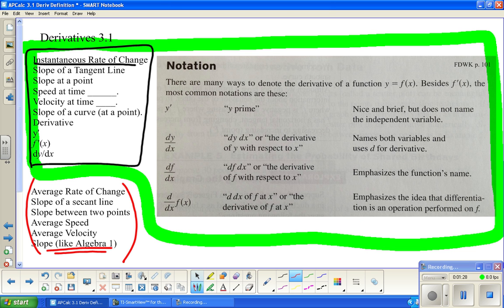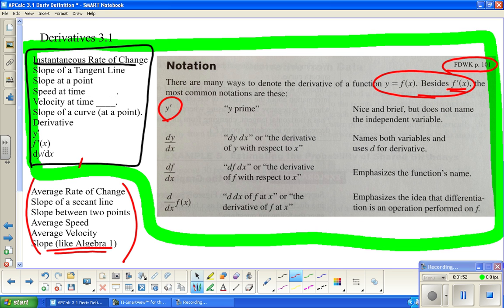Again, this is from our calculus book, the Finney, Demana, Waits, Kennedy book on page 101. This is real common notation, and similarly, f prime, read f prime of x or f prime, y prime. Remember that derivative is like slope.